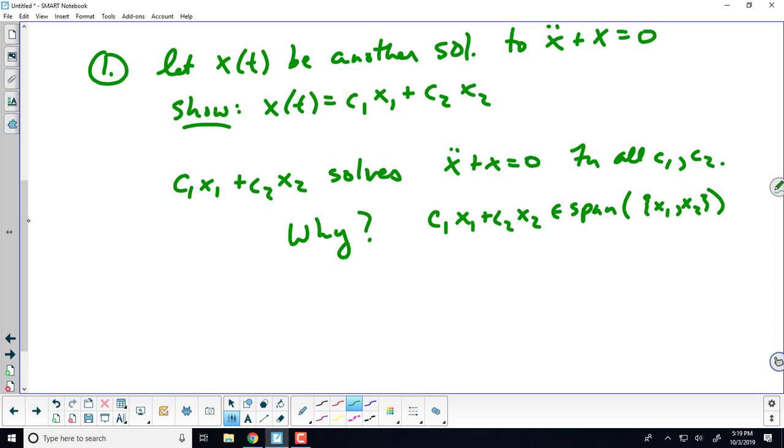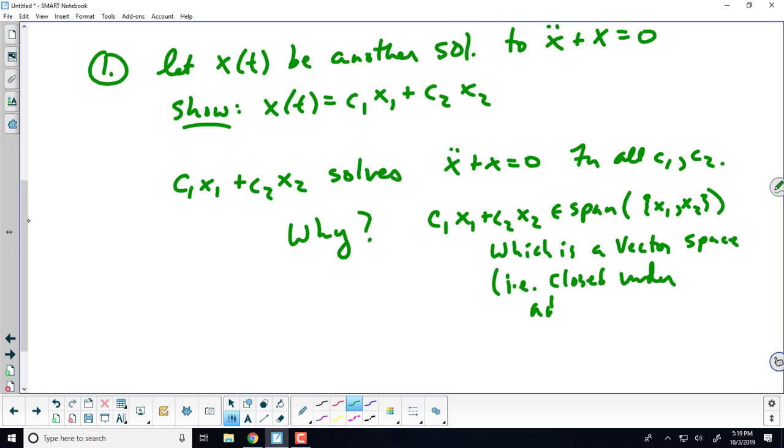What property do they have? What's that? Addition and scalar multiplication. So they're closed under addition and scalar multiplication, okay? Which is a vector space, i.e. closed under addition and scalar multiplication. Okay, that's one viewpoint. That's the new viewpoint that we've taken.